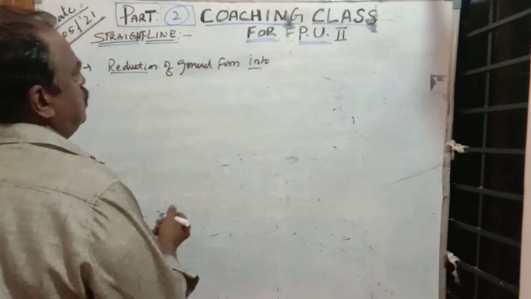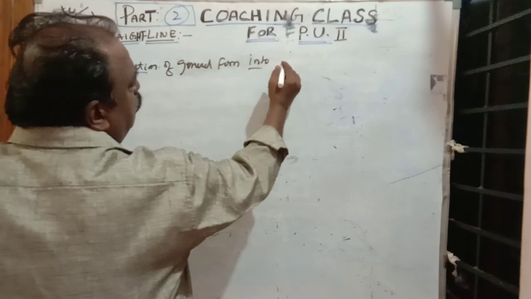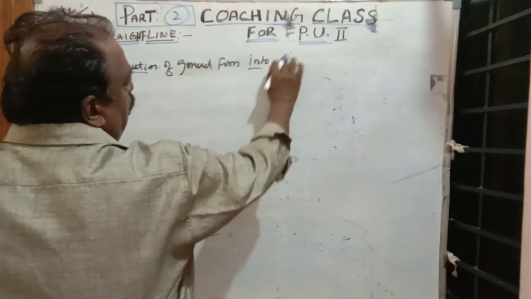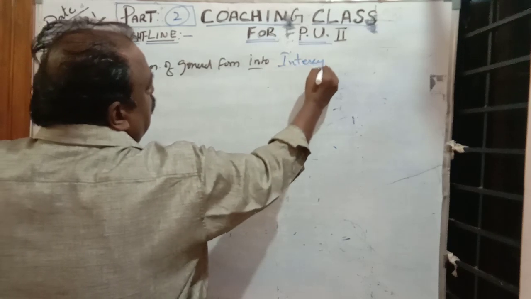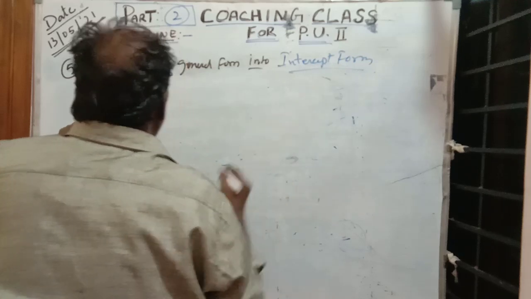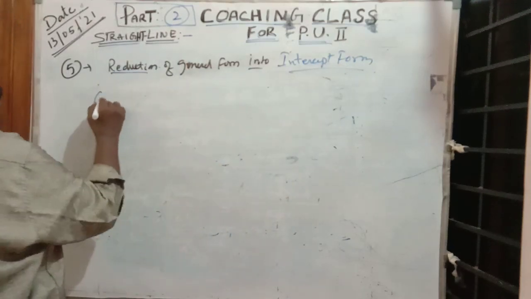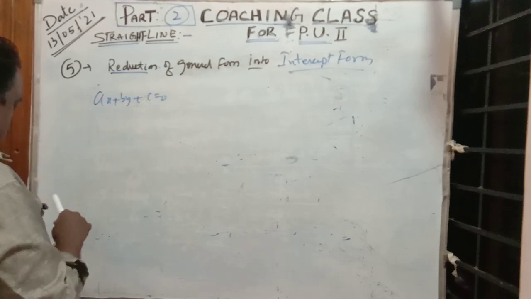Now, the reduction of the general form of a straight line into intercept form. Here, ax plus by plus c is equal to 0.